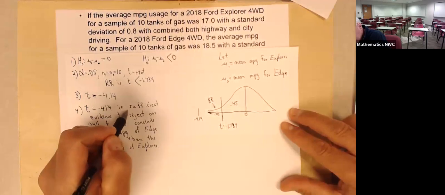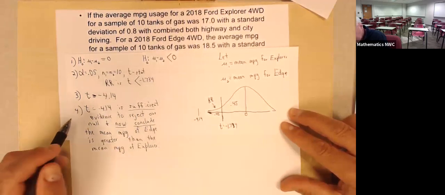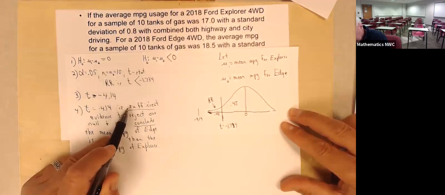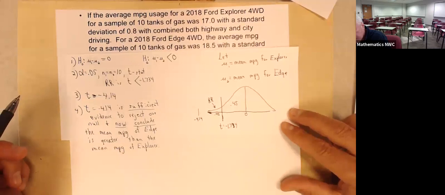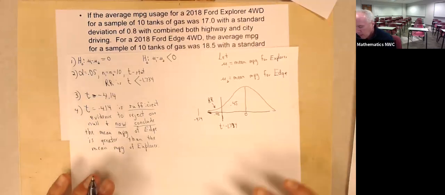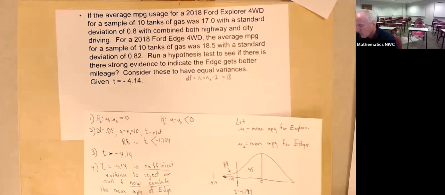Again, sufficient evidence, we make a conclusion. If it had been insufficient evidence, we would have continued to assume the null, that there was no difference. That concludes that problem. I don't have to run a confidence interval for this one.